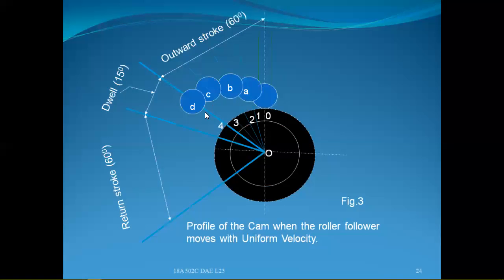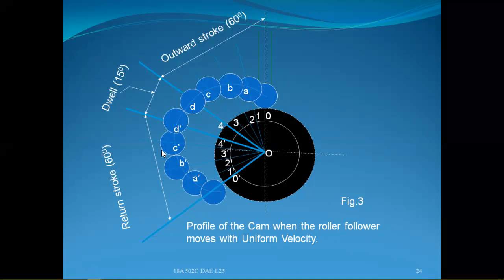Divide this outstroke as well as the return stroke into the same number of parts as done in the displacement diagram. So this is 0, 1, 2, and produce up to this level.